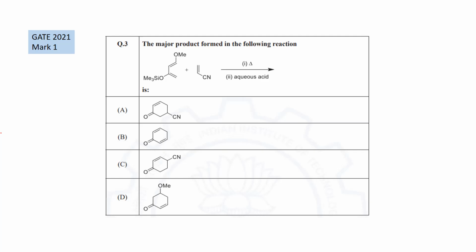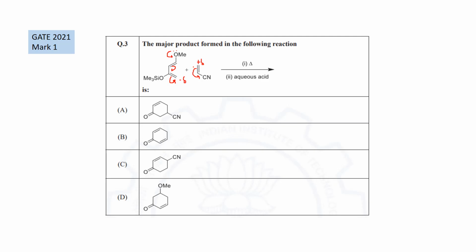So this is an electron donating group, so it can move the electron density towards this side, while this is the electron withdrawing group, which can attract the electron density. So it will generate a delta positive charge at this position, whereas it will generate a delta negative charge at this position.